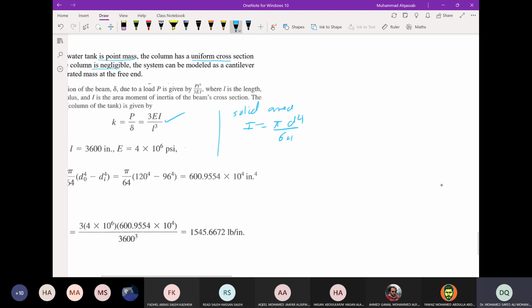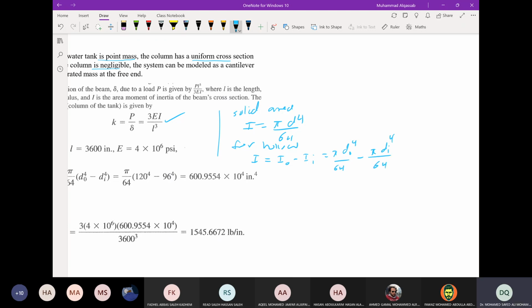But for hollow, I equals I outer minus I inner, which means pi d outer to the power 4 over 64 minus pi d inner to the power 4 over 64.